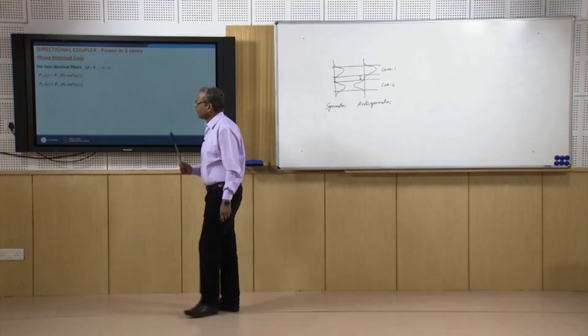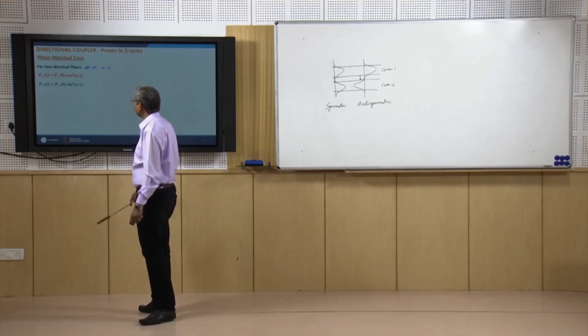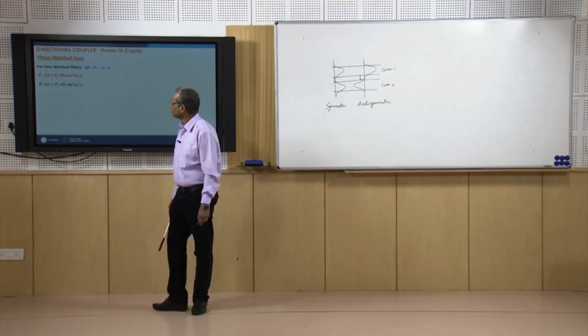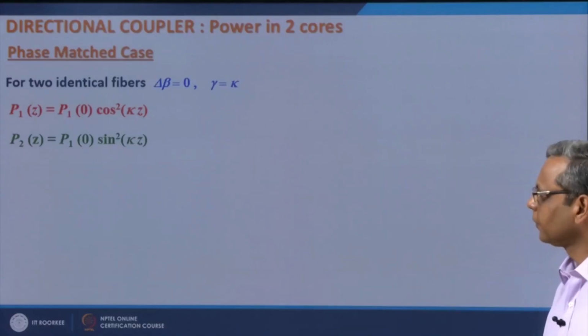So, if I have two identical fibers, then beta 1 is equal to beta 2, delta beta is equal to 0, and if delta beta is equal to 0, then gamma is equal to kappa. Okay.